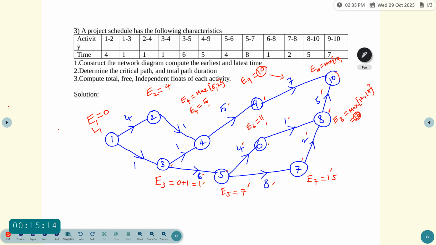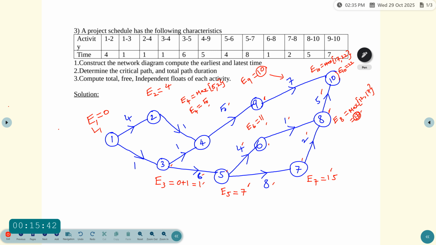So E8 equal to 17, 17 plus 5 which is equal to 22. So which one is the maximum? 22 is the maximum. So E10 equal to 22. So that's the earliest time, starting with E1 and then ending with E10.